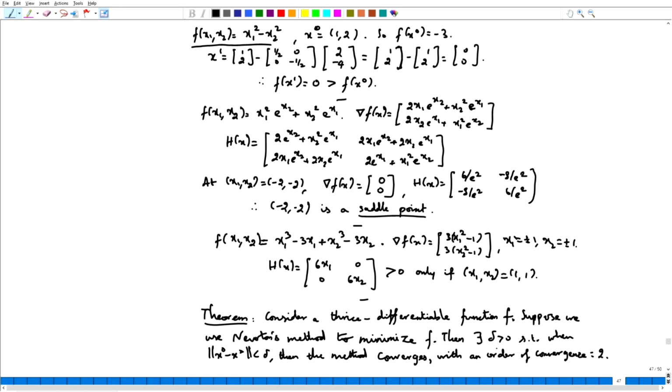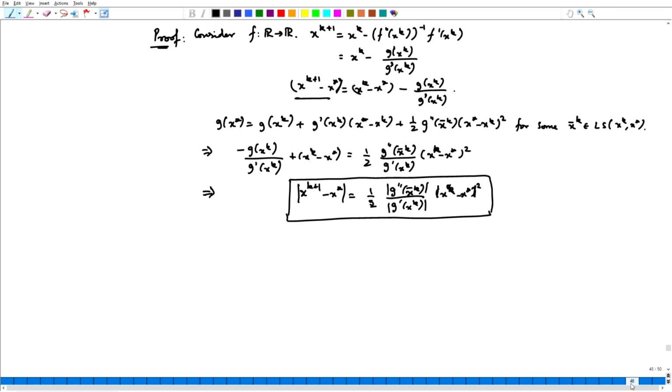I have not shown that there exists a delta positive such that when x naught is close enough to x star, the method actually converges. So, let me do that now. Let us say x naught is within x star minus eta to x star plus eta.